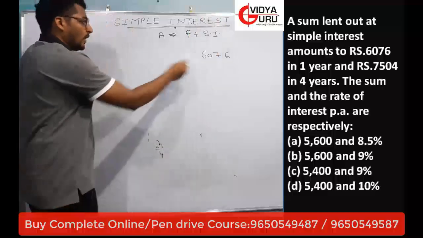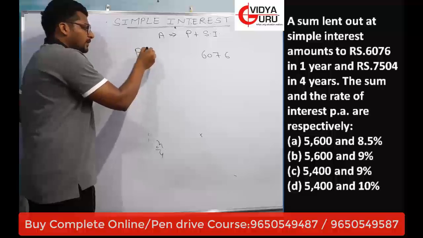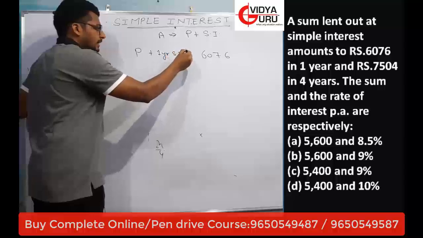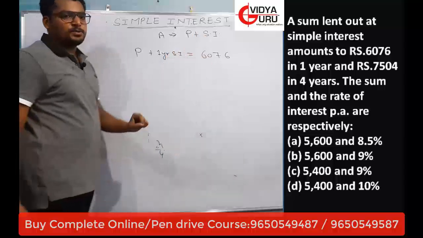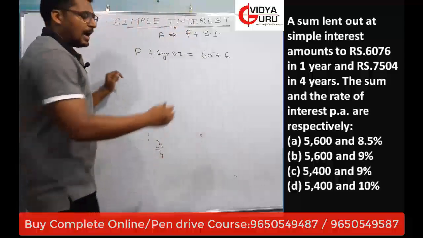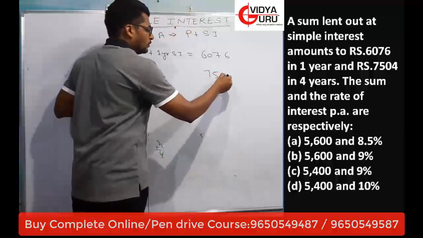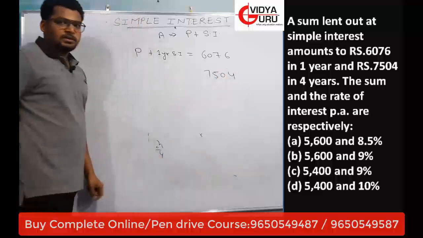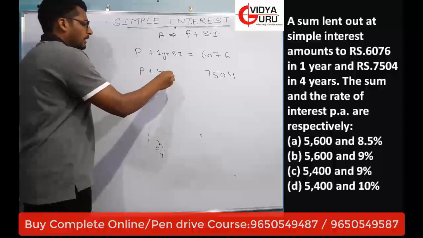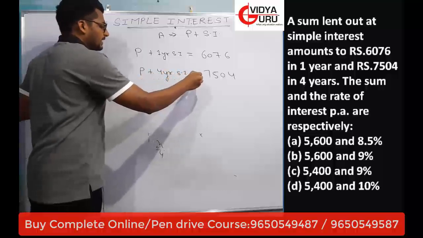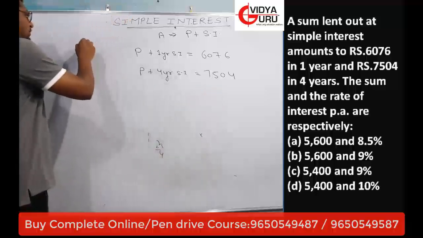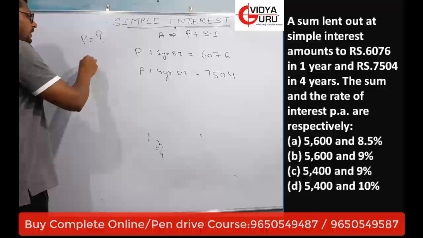The question is saying in 1 year, that means principal plus 1 year SI is 6076 rupees. Now in the second part, the question is saying in 4 years it amounts to 7504. That means principal plus 4 year SI is equal to 7504. Now the question is asking to find out the principal and find out the rate.